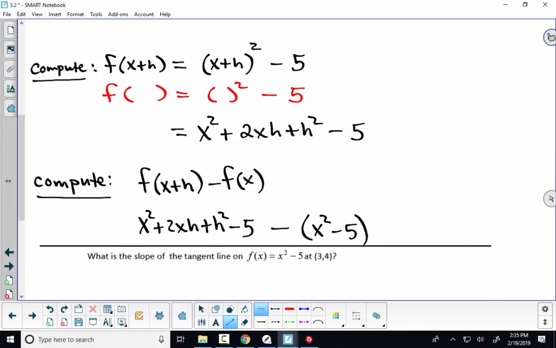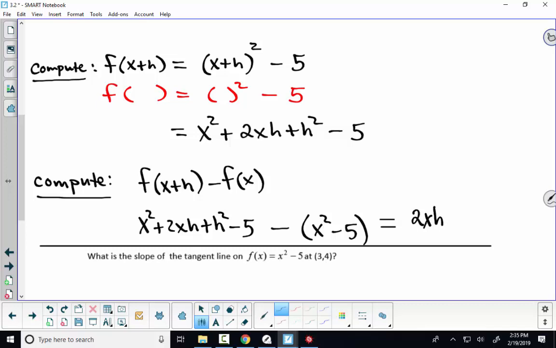So be careful, in the definition, we're subtracting off that entire function. So you've got to make sure that that negative 1 is distributed to every single term in your function. So simplified, we've got an x squared minus an x squared. We've got 2xh.